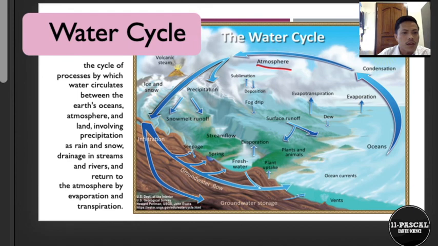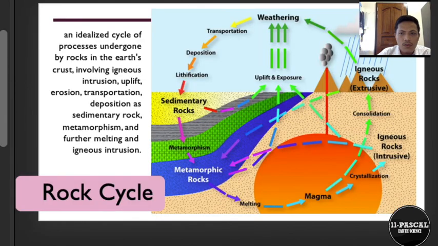Next we have the rock cycle. This is an idealized cycle of processes undergone by rocks in Earth's crust, involving igneous intrusion, uplift, erosion, transportation, deposition, sedimentary rock, metamorphism, and further melting and igneous intrusions.